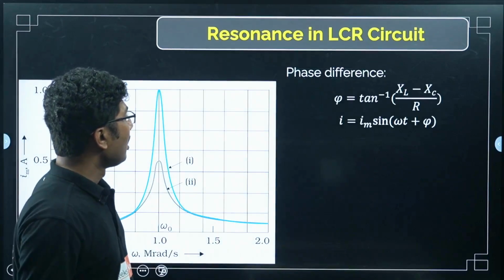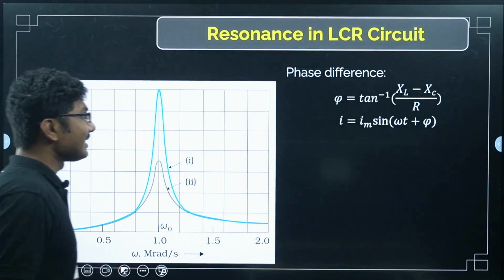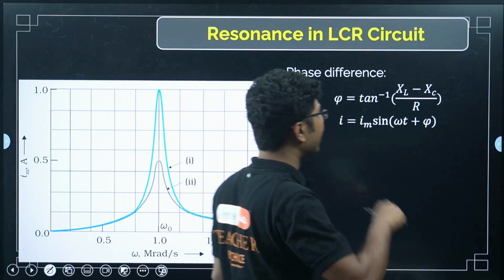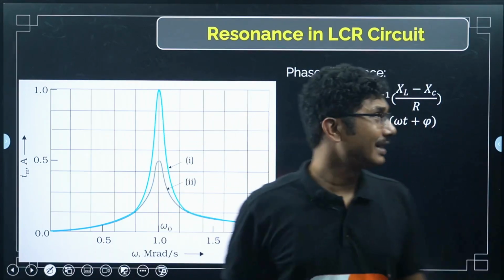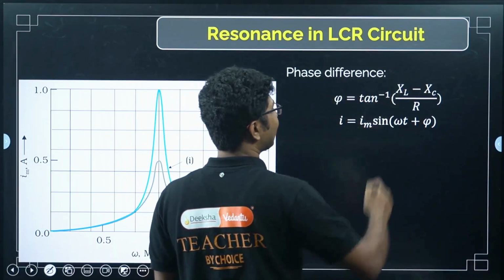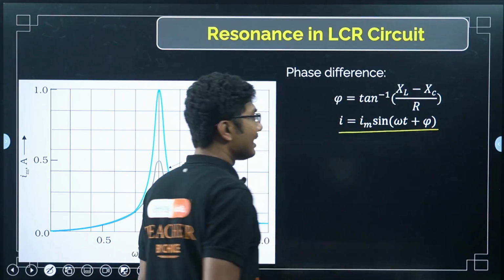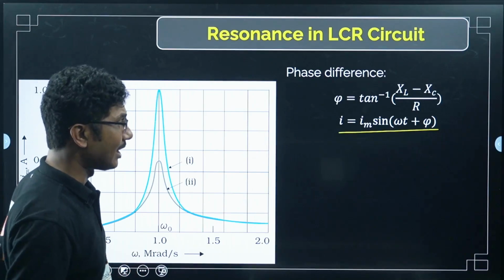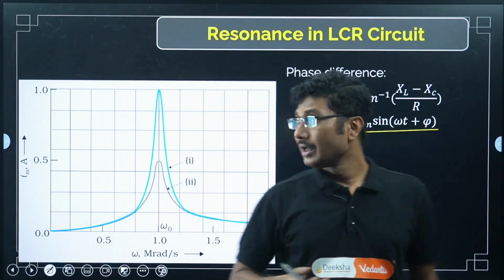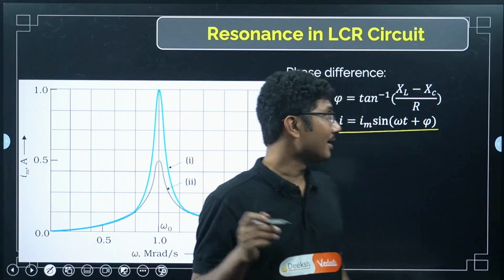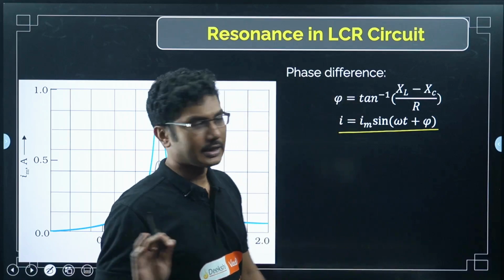Now, the phase difference between capacitor and inductor is given by tan phi equals XL minus XC divided by R. So current can be written as Im sin omega t plus phi. Now at resonance, this is the phase difference for any other condition.